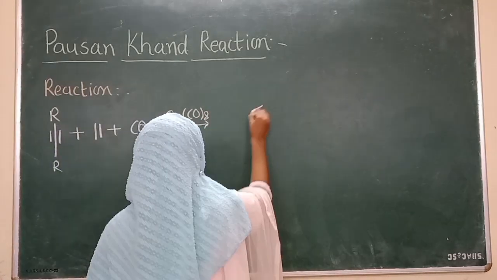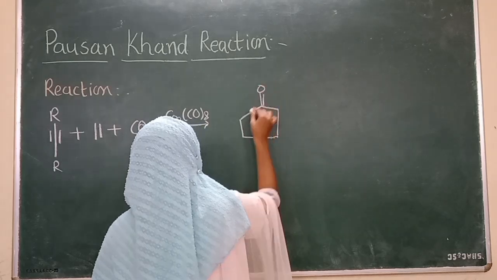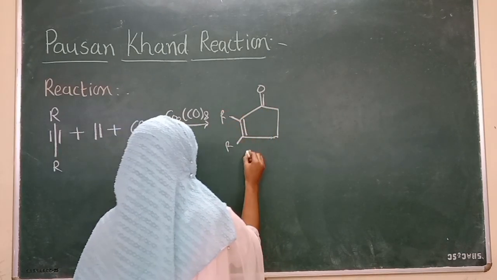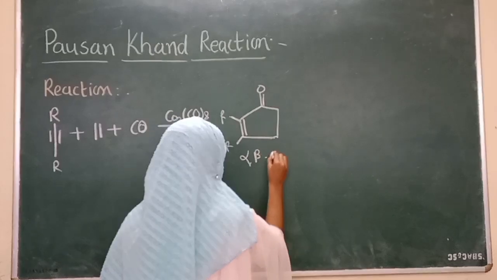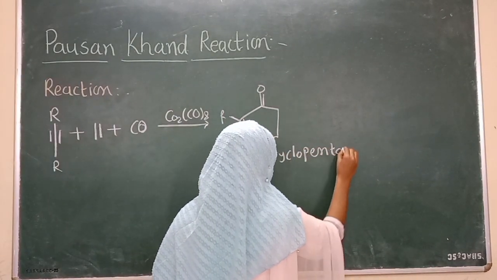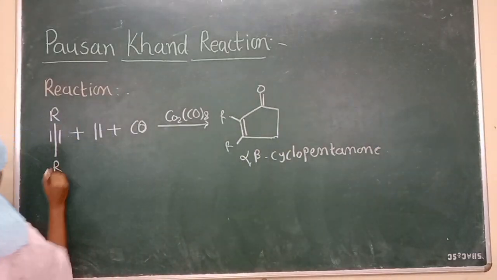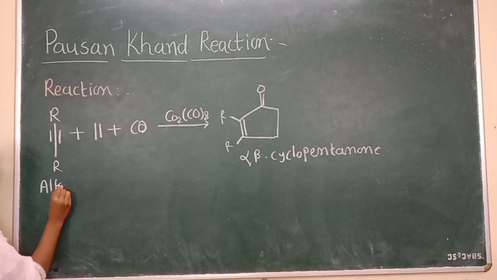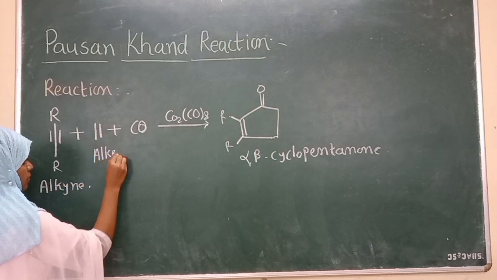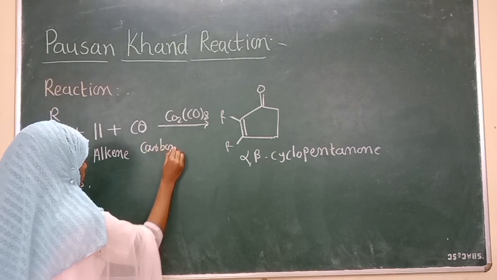We get a cyclic compound, alpha, beta cyclopentenone. Here our alkyne, alkene and carbon monoxide.